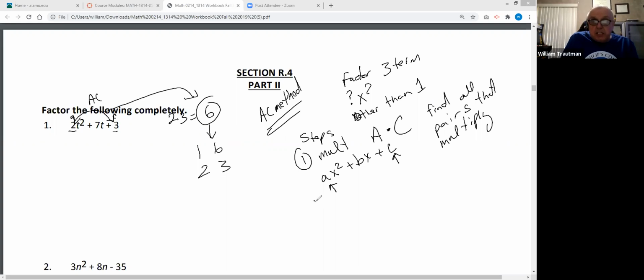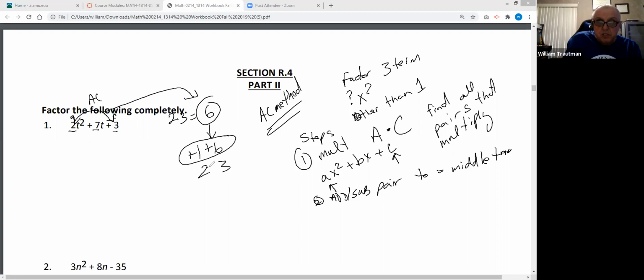Step 2, add or subtract a pair to equal the middle term. Same as last time. How do I get 7? 1 plus 6. So that one don't work.